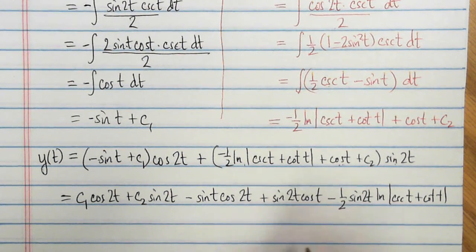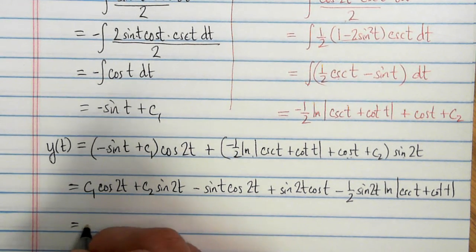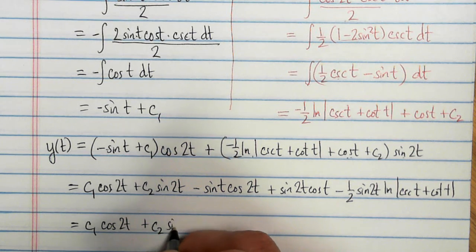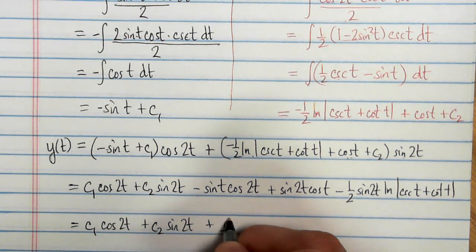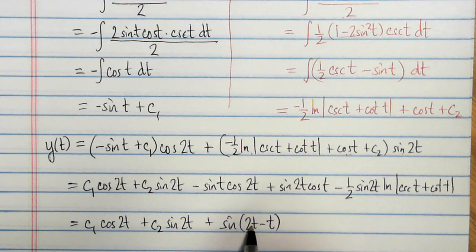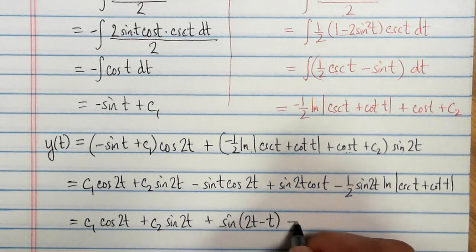Okay, we can make this a little bit easier. So here I have sine of the first, cosine of the second, minus cosine of the first, sine of the second. So that's actually the trig identity for sine of the first minus the second. So sine of the first minus the second is sine of the first, cosine of the second, minus cosine of the first, sine of the second.